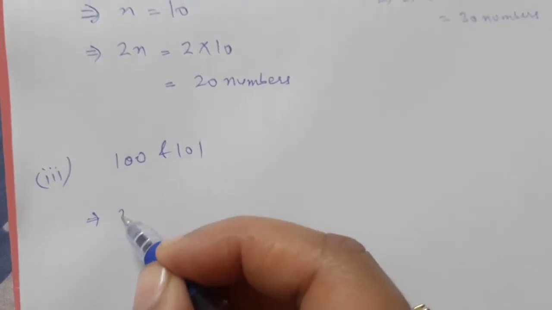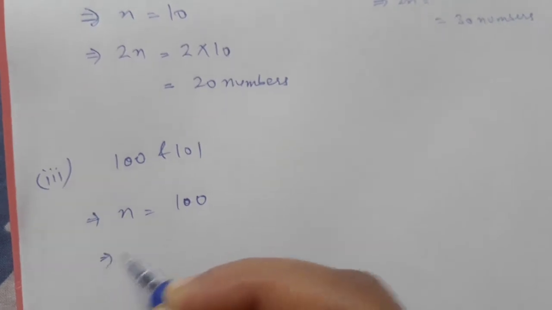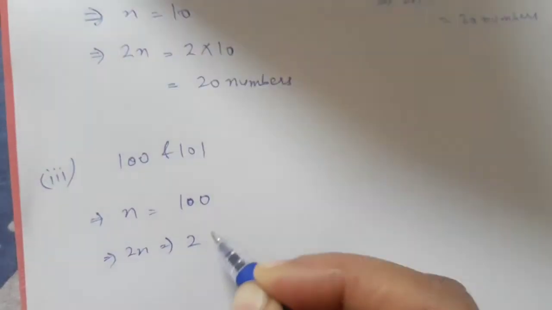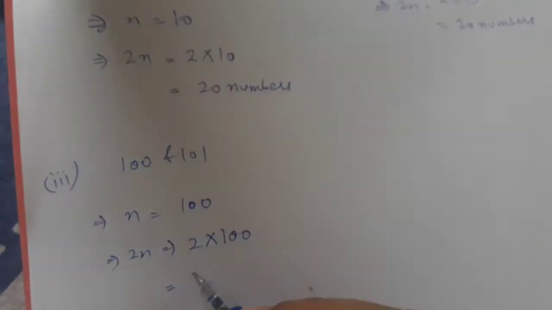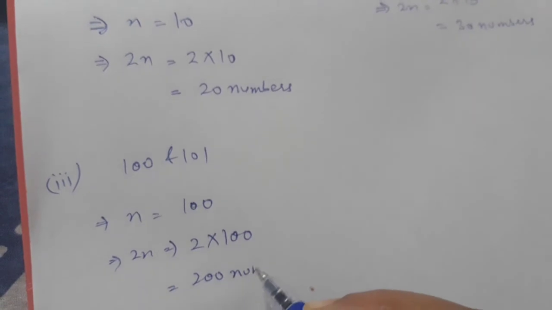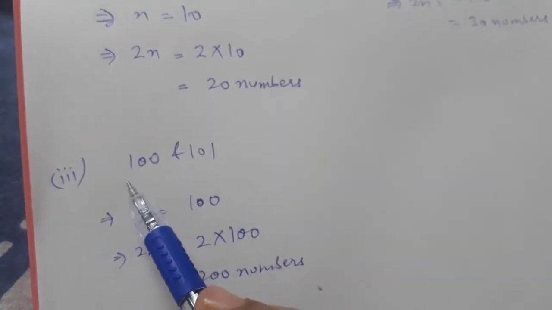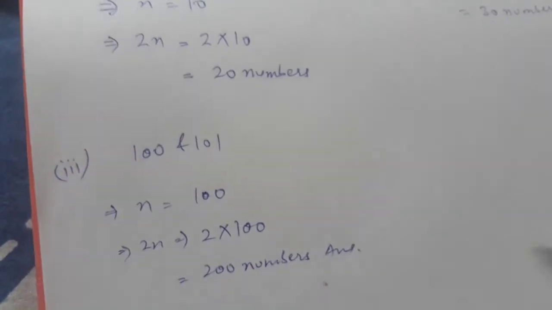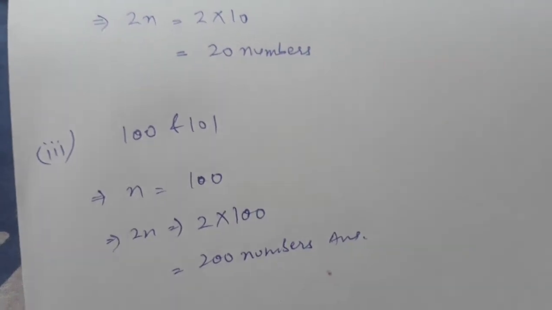The square of 101 is 10,201 and the square of 100 is 10,000. The easier way is to take the smaller number as n and multiply n with 2. So 2 into 100 gives 200. So 200 numbers are lying between the squares of 101 and 100. This is our answer. Now we will proceed to question number 5.